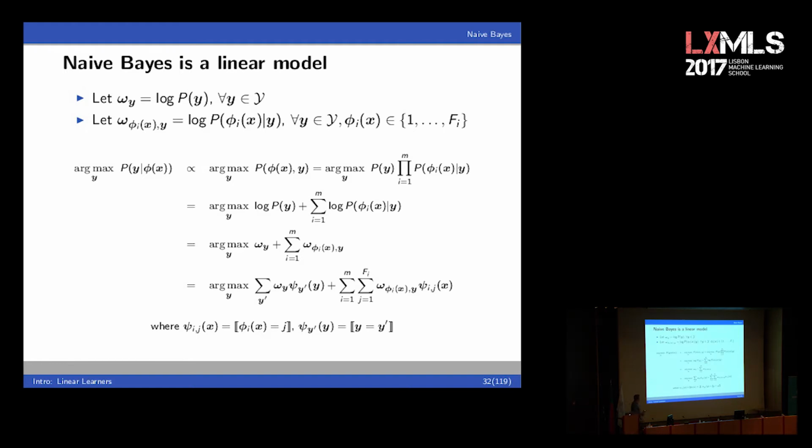Then I want to show you why naive Bayes is a linear model. We had all these products.